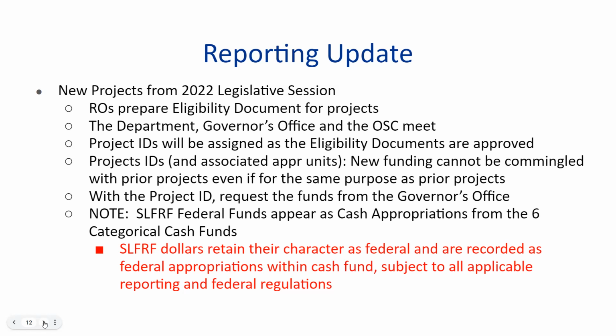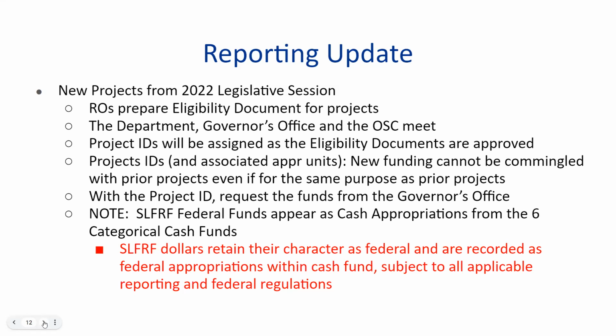So I did also want to talk about the projects that were funded in the 22 legislative session before I finish my update. In terms of what that is going to look like for you, as the legislation is signed, the recovery officers are preparing an eligibility document that goes over the project name, the scope of work, information that we need to report at a project level.